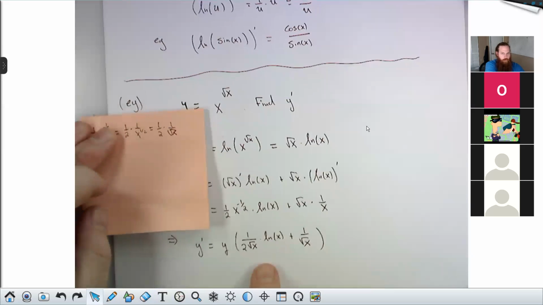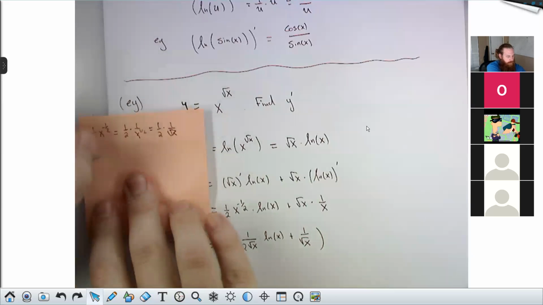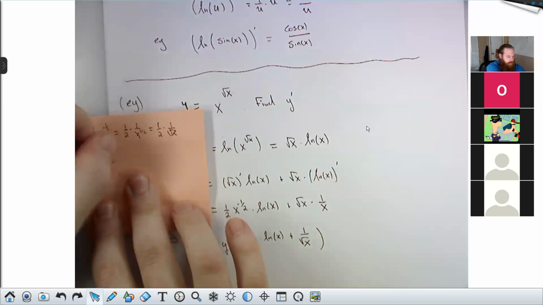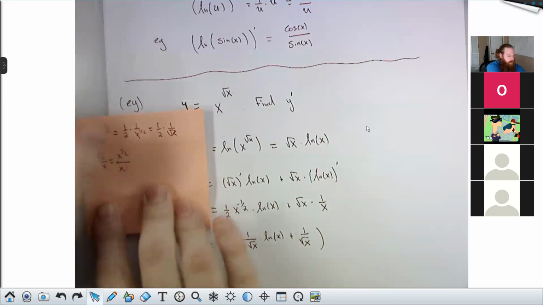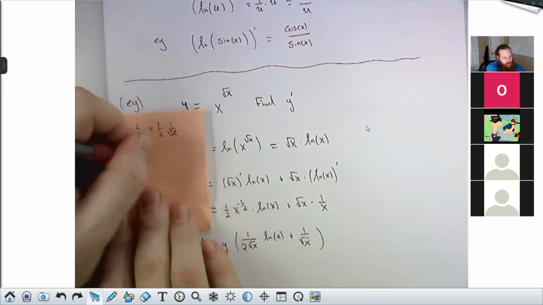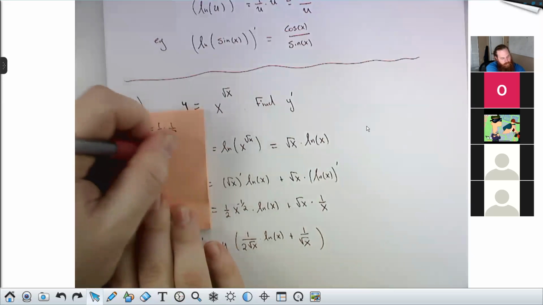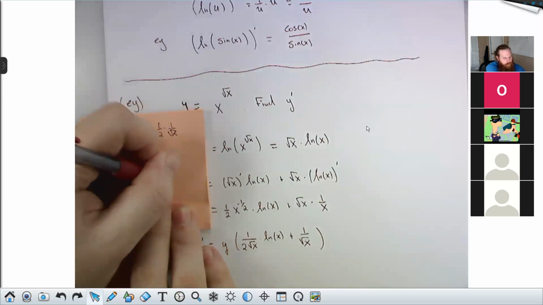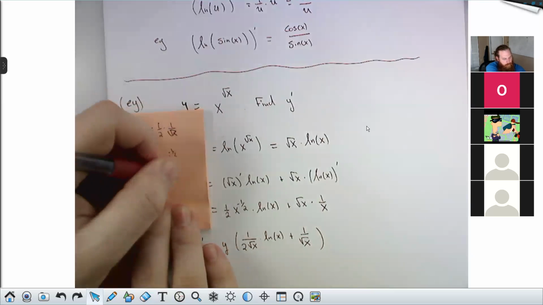So that's your 1 over 2 root x here. And then the other piece, the root x over x piece, that's x to the 1/2 divided by x to the 1, which is x to the 1/2 minus 1, which is x to the negative 1/2, which is 1 over x to the 1/2.